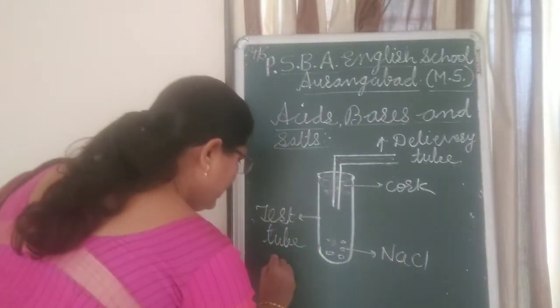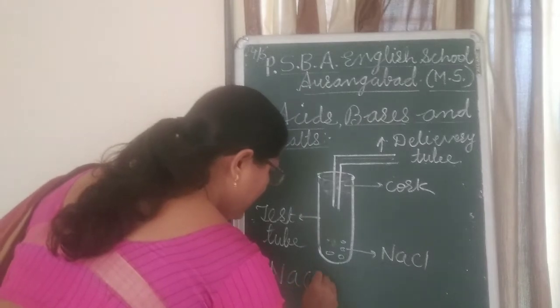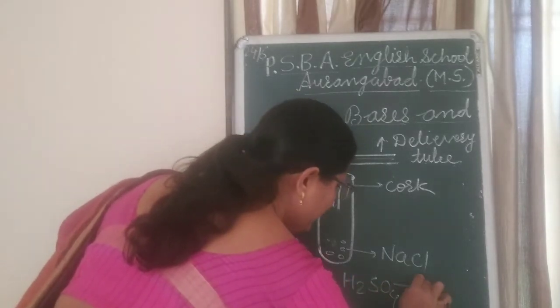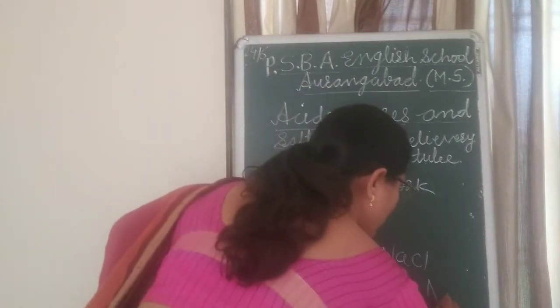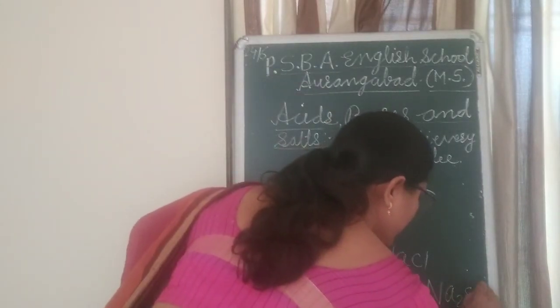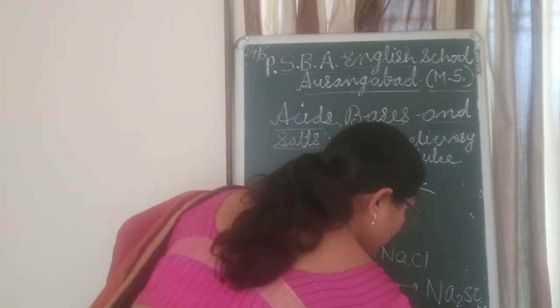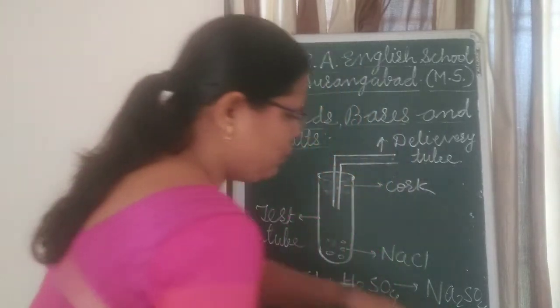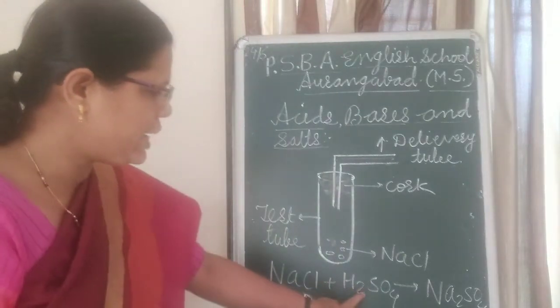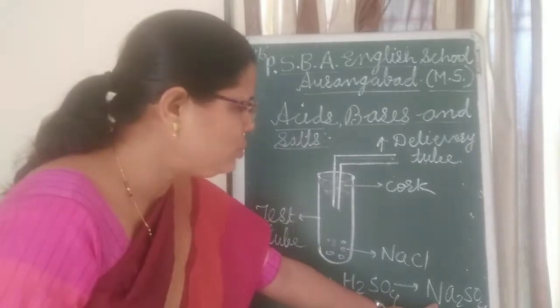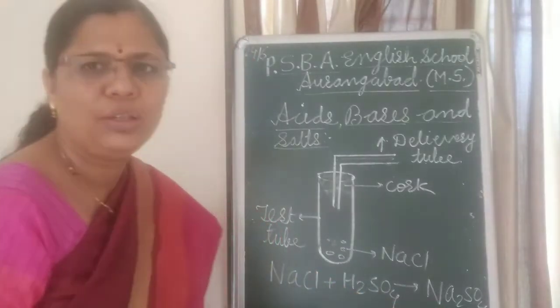Now I will tell you the reaction. NaCl plus H2SO4 gives Na2SO4. This is the basic reaction, children. We will balance it also. Na2SO4 plus 2HCl. This HCl is formed. So when NaCl reacts with concentrated H2SO4, there is a formation of Na2SO4 and HCl.